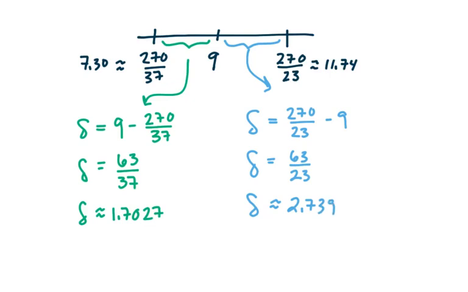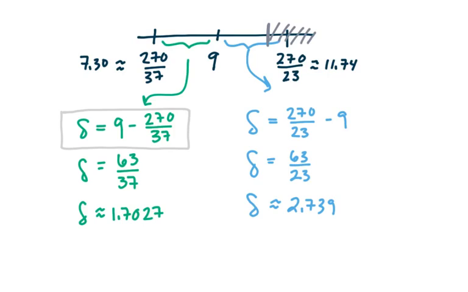So it's easy for us to see which delta value is smaller, 63 over 37. So we choose delta. Our answer here is we're going to choose our delta value to be 9 minus 270 over 37. And if I choose that, then that's going to truncate. It's going to cut a little bit of space off on the other side of my interval. But that's the smallest possible delta.